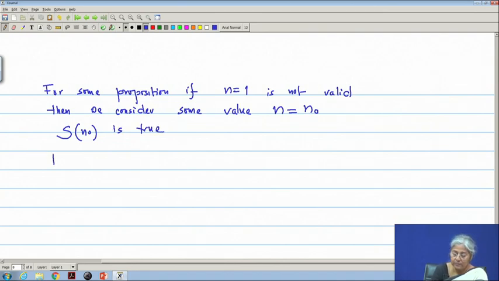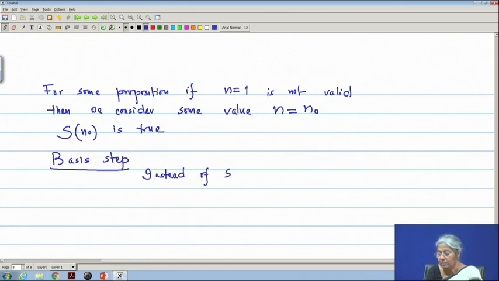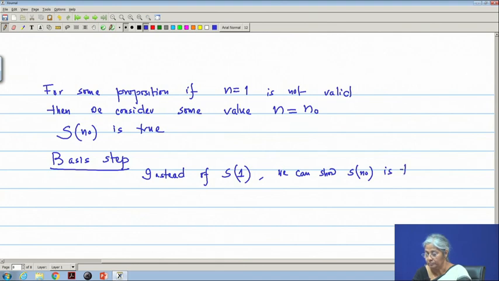So, the basis step can be replaced: instead of S1, we can show that S n0 is true.